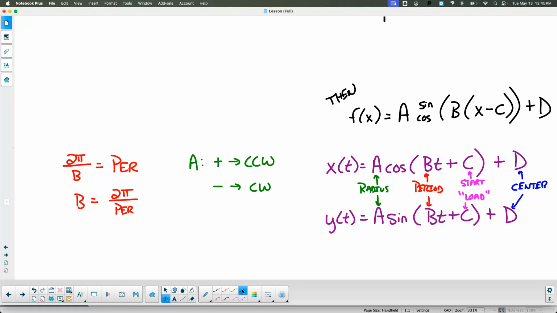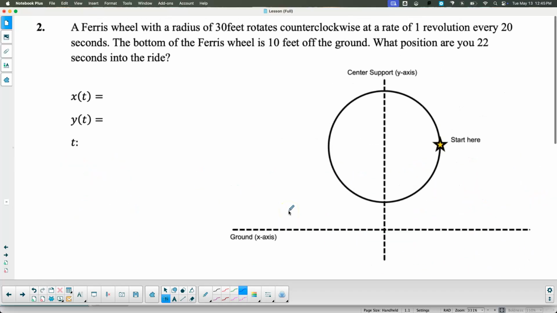With all of that being said, now we can come up with our Ferris wheel equations, so that we can graph them, and then we can plug in and find the value that we need to figure out our position. So, x of t is going to be a.